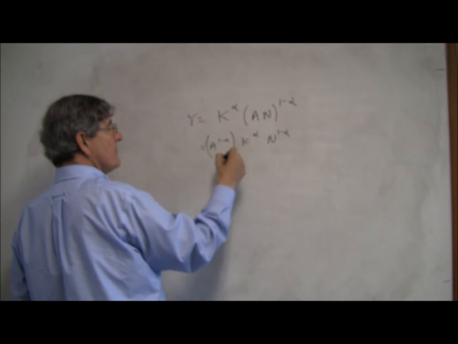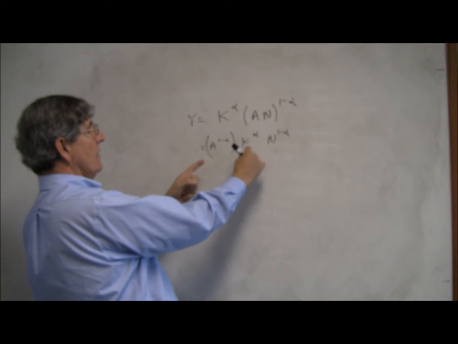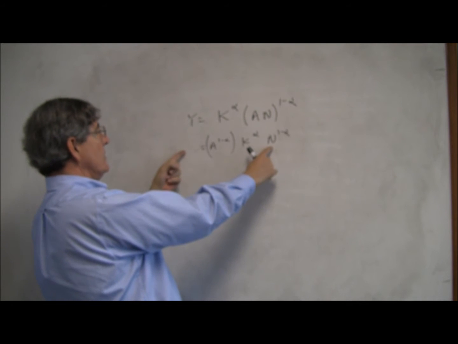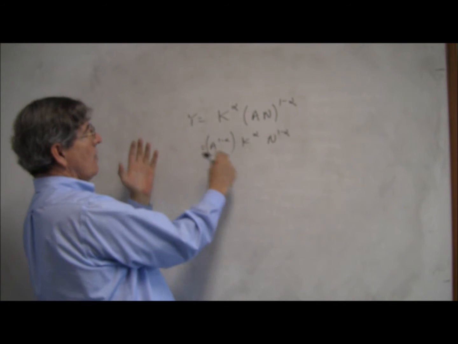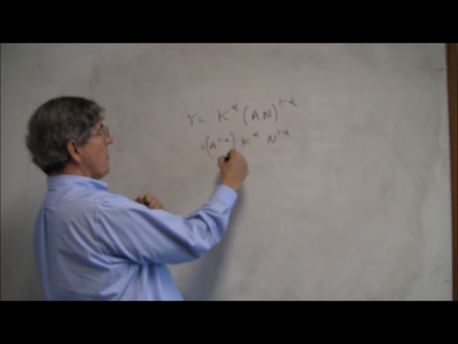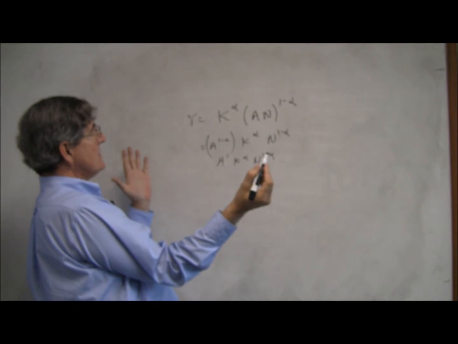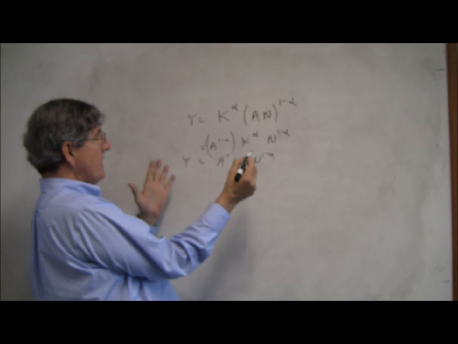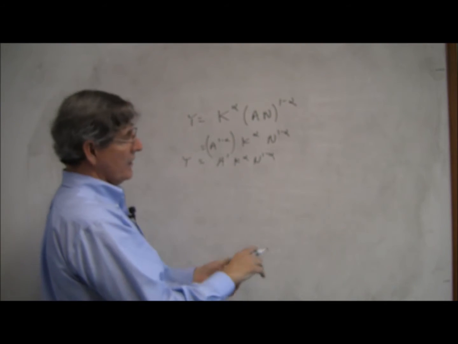This A is just some constant, and you can see that when A goes up, you need either less capital or less labor to produce the same amount of output. Or if A goes up with those fixed, you get more output with the same inputs. But you could call this A prime, K to the alpha, N to the 1 minus alpha. And that's just a standard Cobb-Douglas production function where A is capturing technology for you.